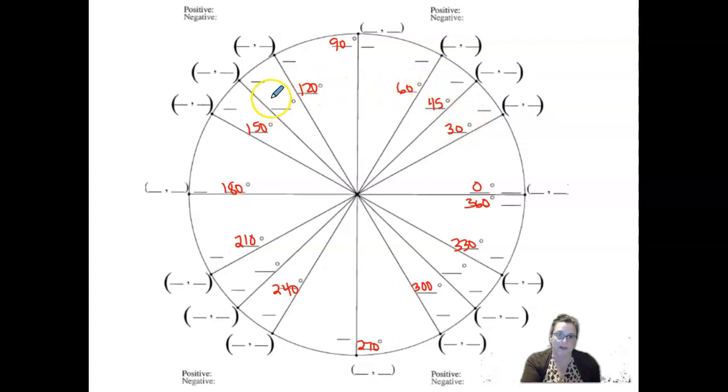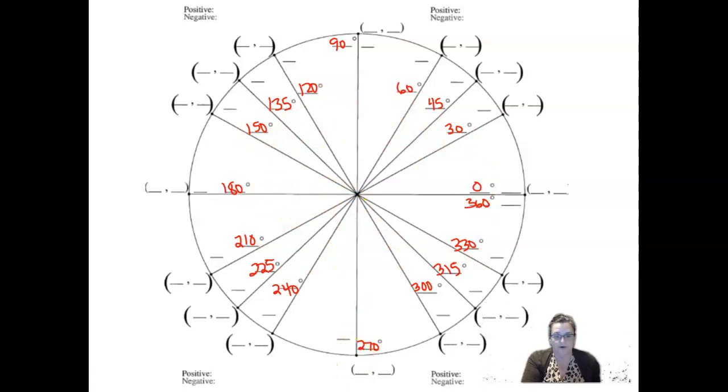So 120 plus 15 is 135. 210 plus 15 is 225. And 300 plus 15 is 315. And that's an easy way to fill in your degrees as you count around the circle.